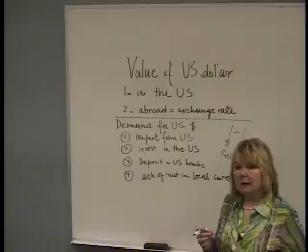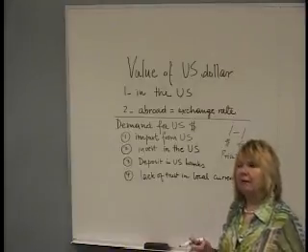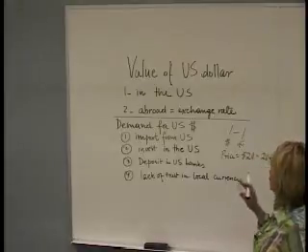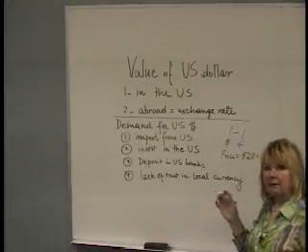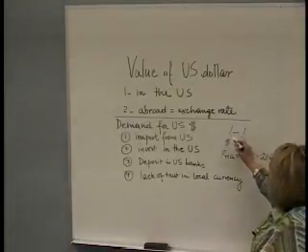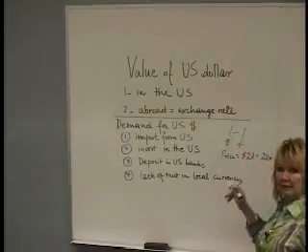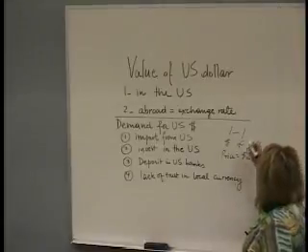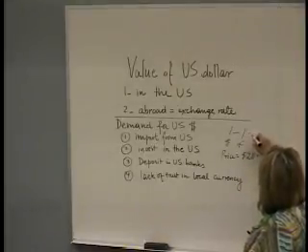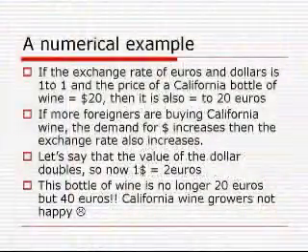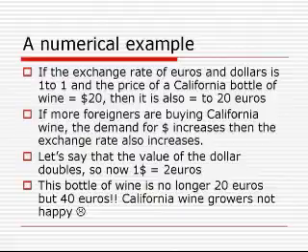But let's say that because so many French people are interested in buying California wine, the value of the US dollar is going up. At this point, we no longer have a 1-to-1, but 1-to-2. Let's say it doubles. So this is eventually going to become $1 is equal to 2 euros.